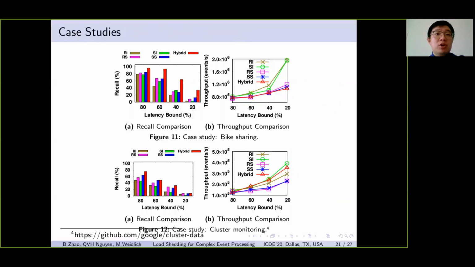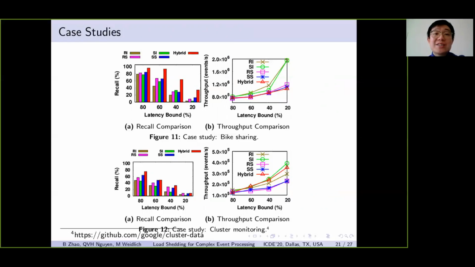Finally, we examine 2 real-world case studies. One is New York bike sharing, and the other one is Google cluster monitoring. They have the same trend as the synthetic datasets. Hybrid shedding yields the highest recall. In bike sharing, the throughput of hybrid load shedding is comparable to state-based approaches.